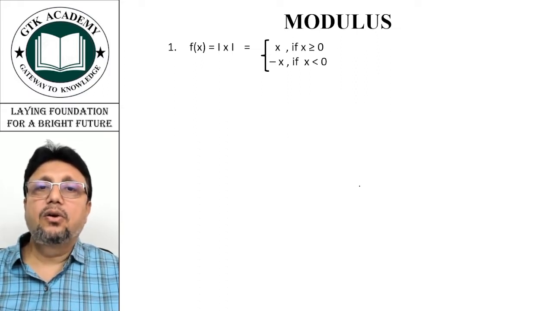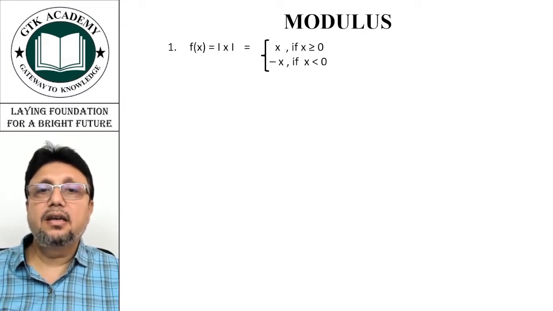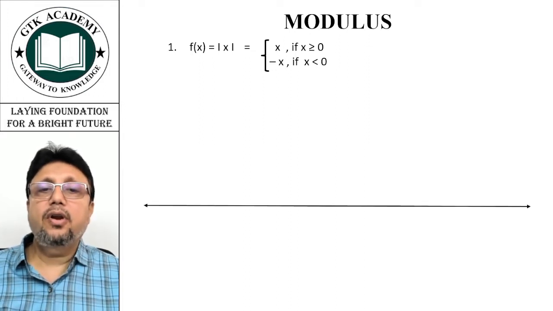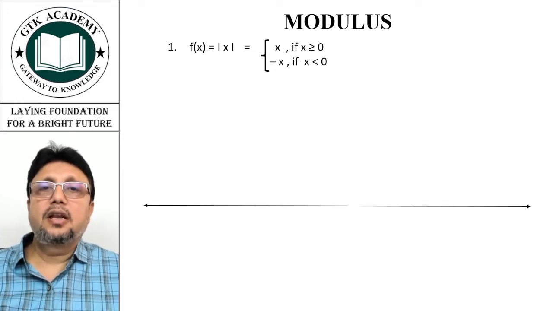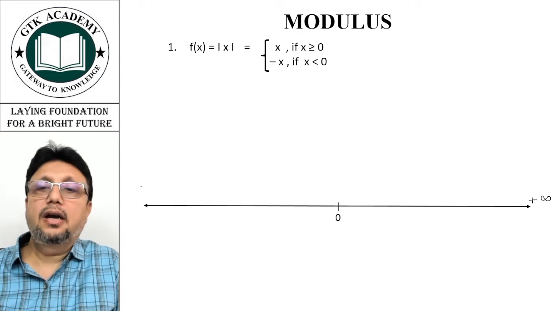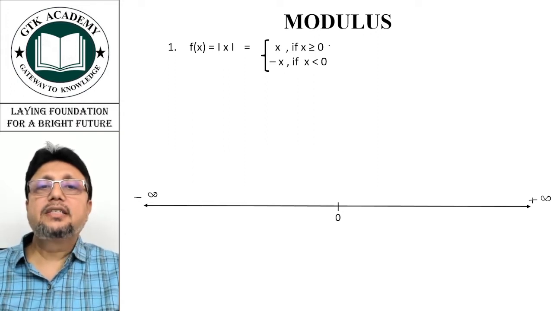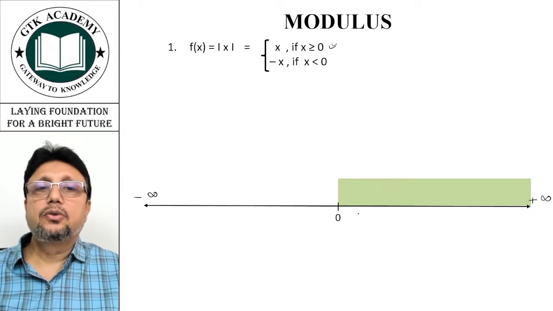Now let us depict this on a number line, which will again clarify it and make it more clear. For example, this is the number line. We have 0. This side we have plus infinity, and this side we have minus infinity. Now, if x is in this region, that is, it is positive, so this region is depicted by green.